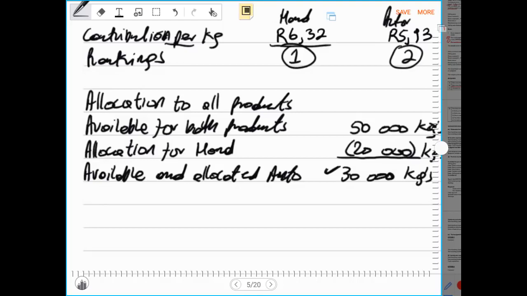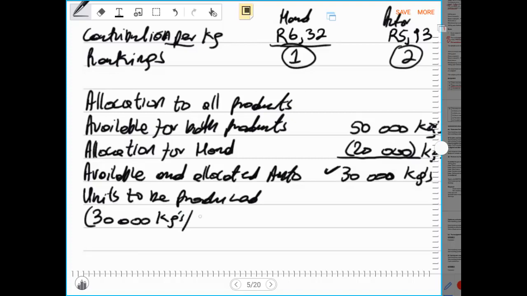But remember, our limiting resource is the kgs. So now we say units to be manufactured, or units to be produced. Then we say the number of units that can be produced is 30,000 kgs divided by the number of kgs per unit.